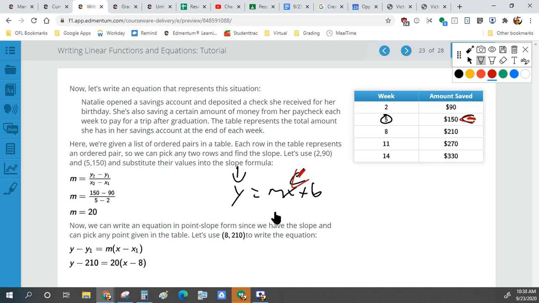It doesn't help if they're both in the same color. It has to be the same one. You can't pick and choose. You can't say I'm going to pick this one and then pick this one. They have to correspond to each other. Otherwise, you're not going to get the right relationship.